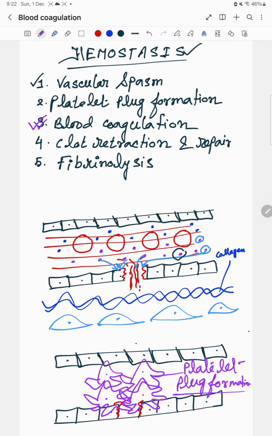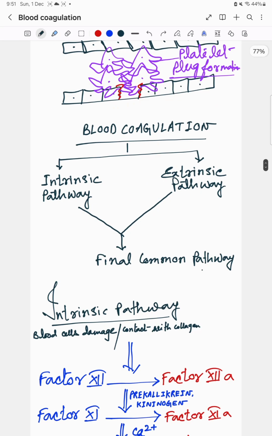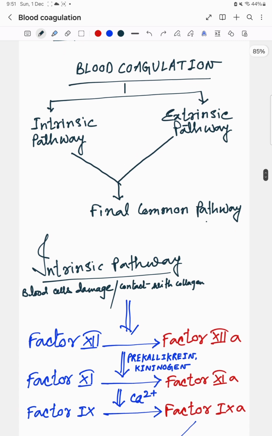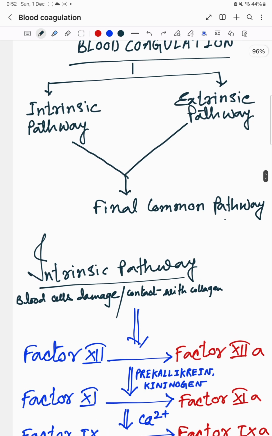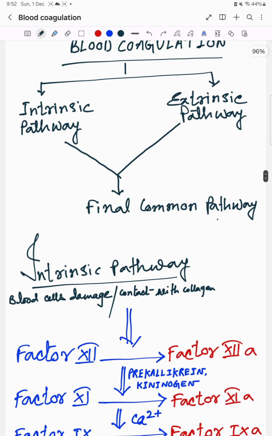Okay, so we will discuss now blood coagulation. Now coming to blood coagulation, this pathway occurs by following two other pathways, that are the intrinsic pathway and the extrinsic pathway.